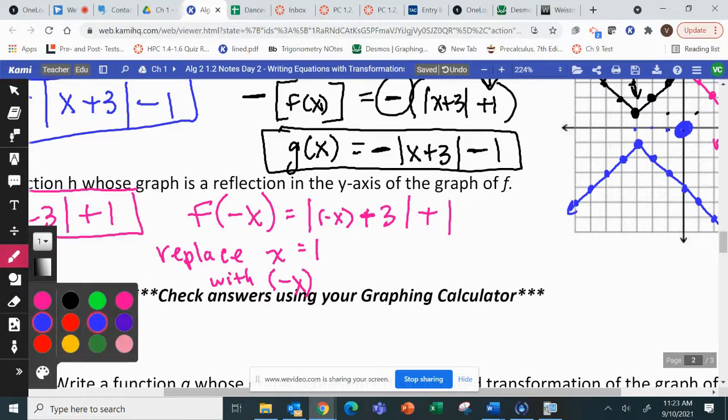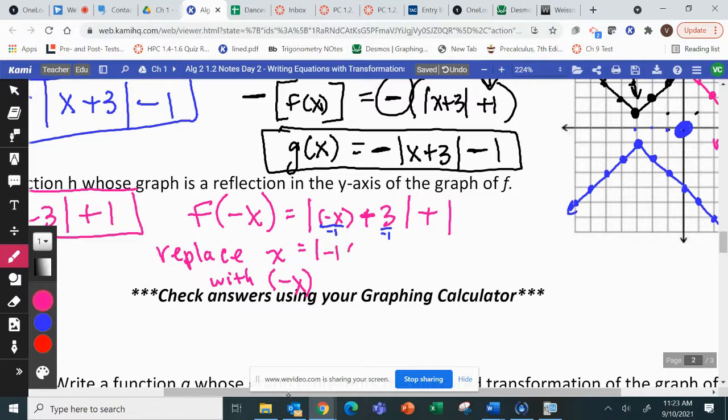I'm going to take out a -1 inside, but it's not going to go outside the bars yet. I'm going to take out a -1 from the -x, so that's going to leave me with a positive x. I'm going to take out a -1 from 3, so 3 divided by -1 is -3, plus 1.